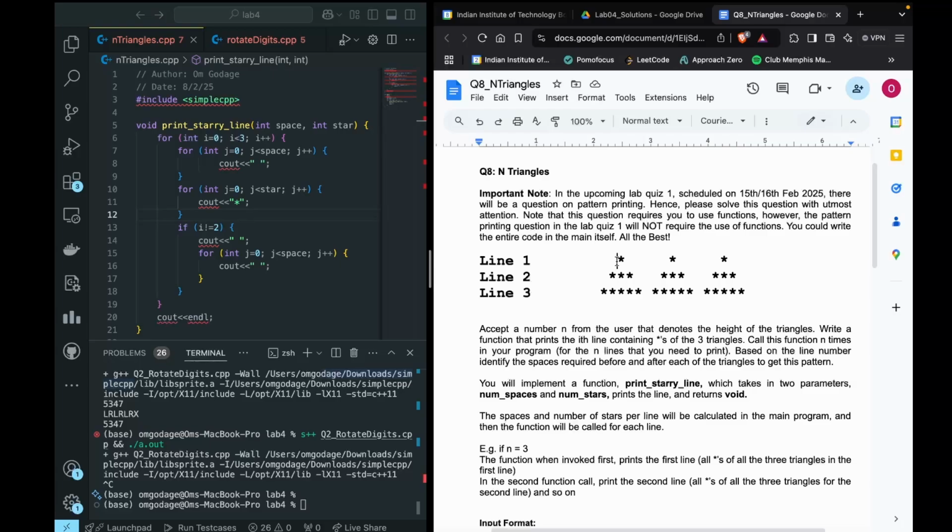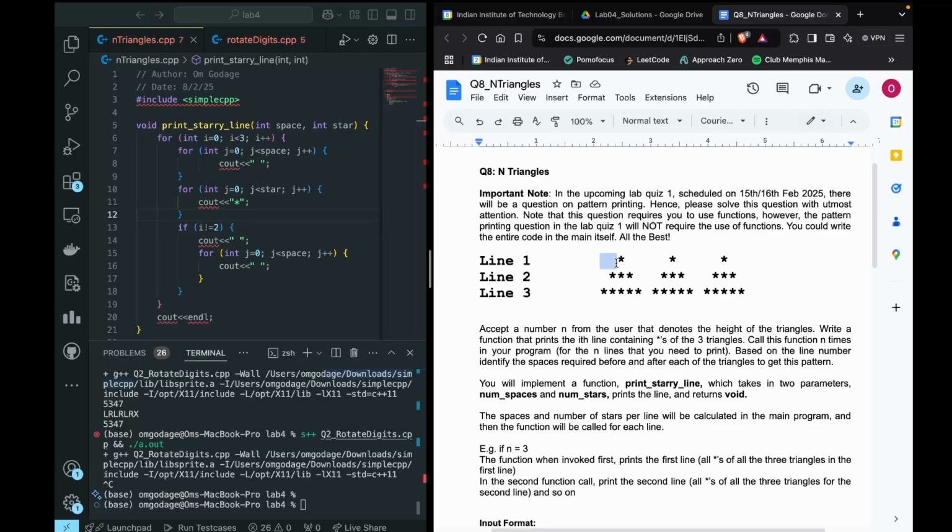Okay, so you can see easily that the number of stars in one triangle, not the total number of stars, gets incremented by 2 in each line. So you start from 1, then you have 3, then you have 5, and so on. And the number of spaces, over here there are 2 spaces, which is the height minus 1.